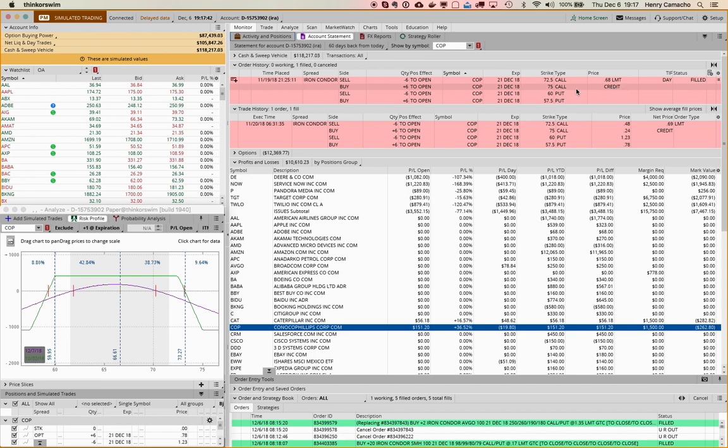Let's see here. No, this one's trade history. How do I have two of these different ones here? I've got one at 68, got one at 69. That's really interesting.